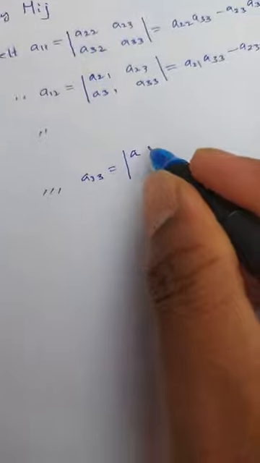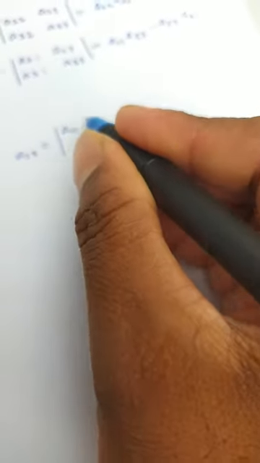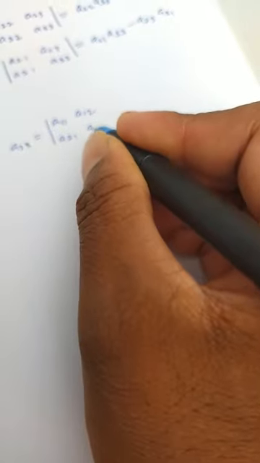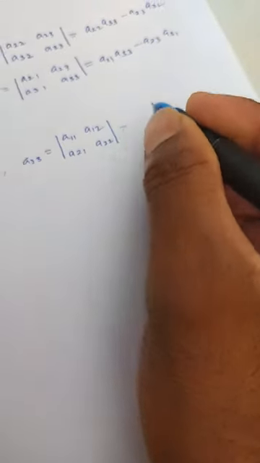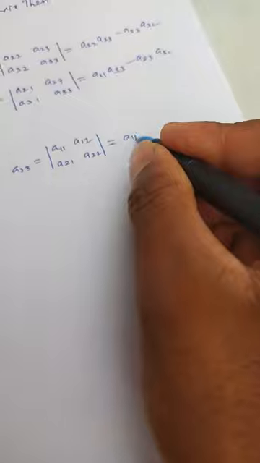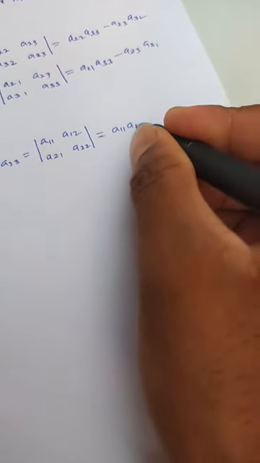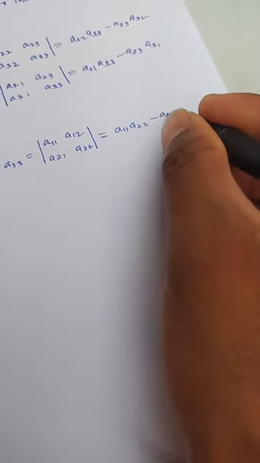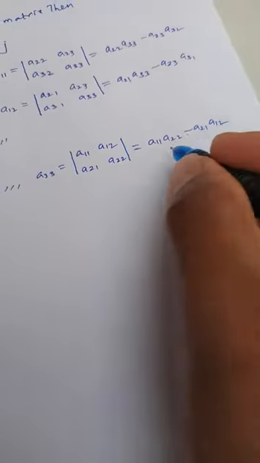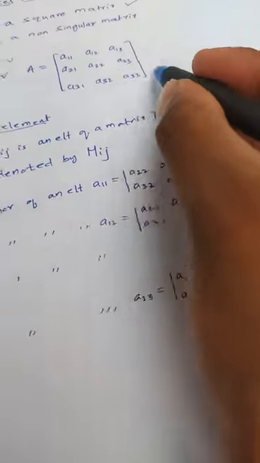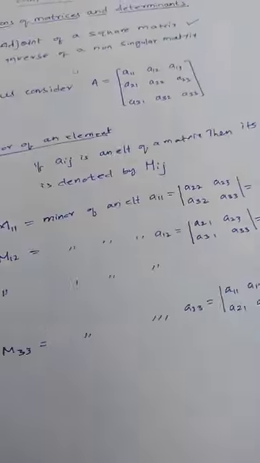Take the determinant of those 4 elements: a11, a12, a21, a22. That is equal to a11 into a22 minus a21 into a12. So this will give the minor of the last element. So we can find the minor of each and every element in a square matrix.